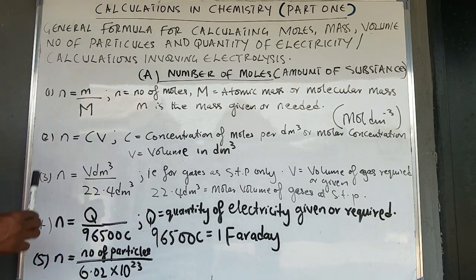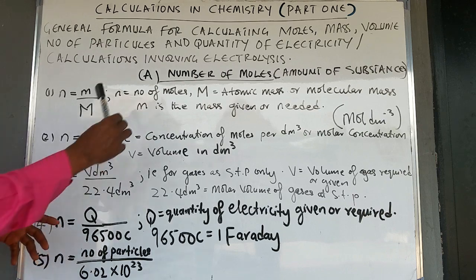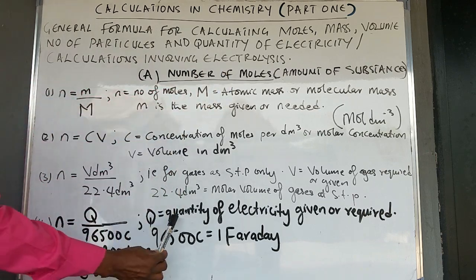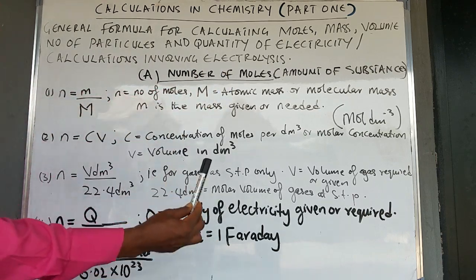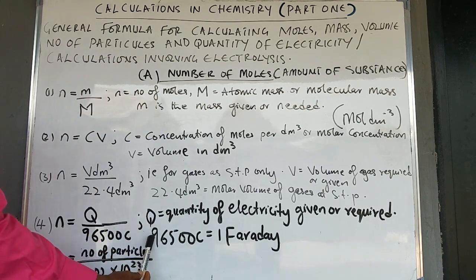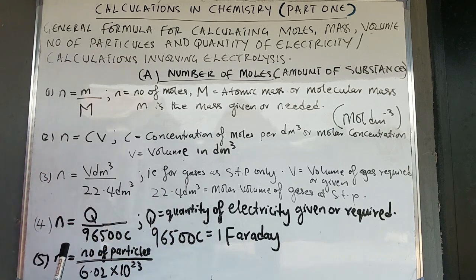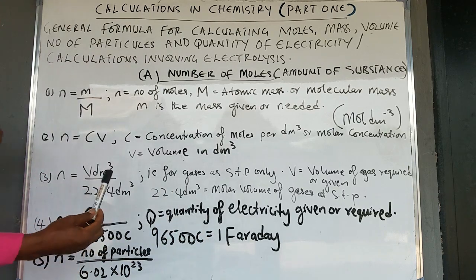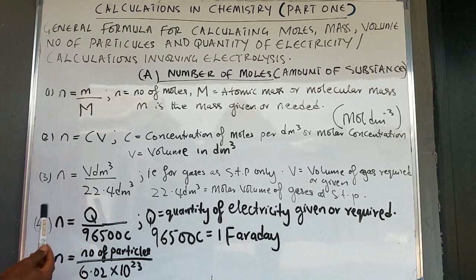Another one is calculating number of moles with regard to electrolysis, like I said. Quantity of electricity given or required, or electric current as the case may be. So you have Q over 96500 C, and I believe you know that 96500 C is 1 Faraday. We will see these calculations and you will understand better as we do the examples.